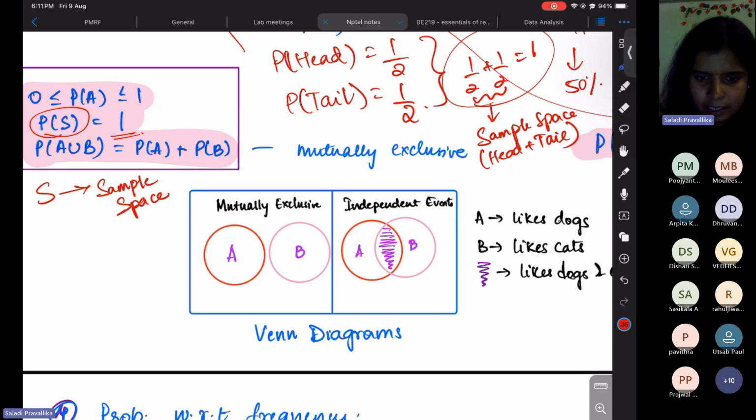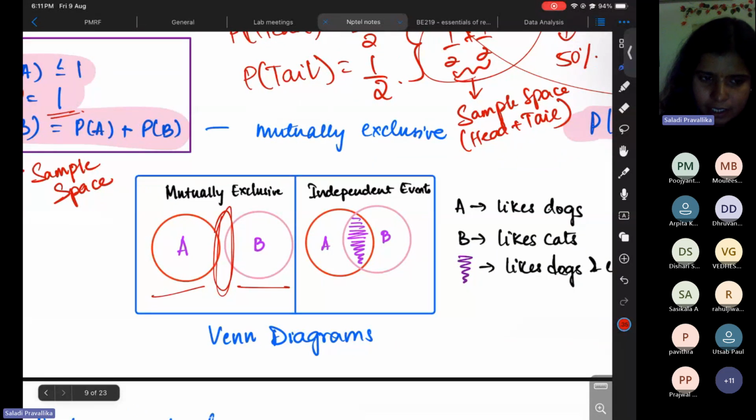Some people told me they like dogs. But there are no people who told me that they like both dogs and cats. Then that set of people are called mutually exclusive, right? So they like cats, they like dogs, but there are no common people in between. So those are called mutually exclusive.